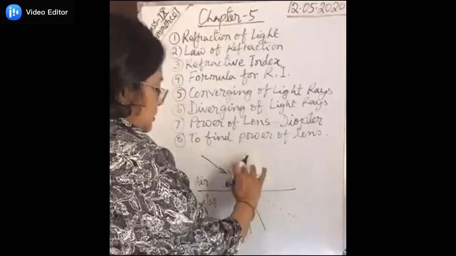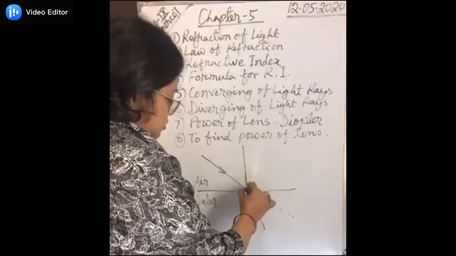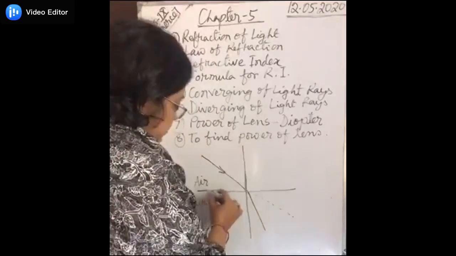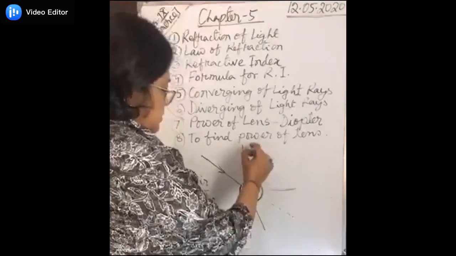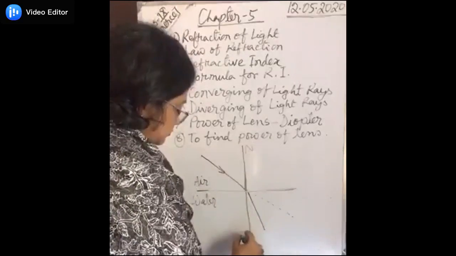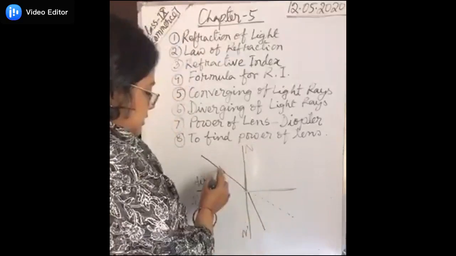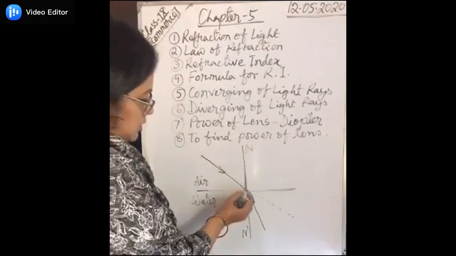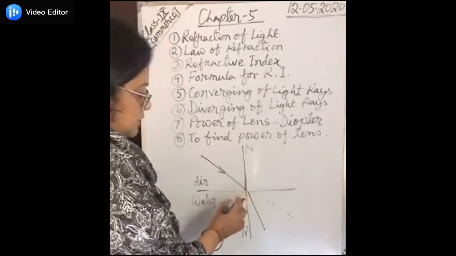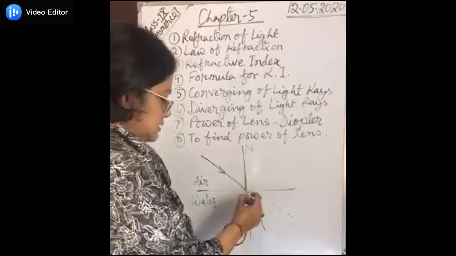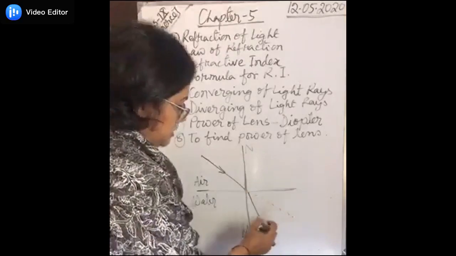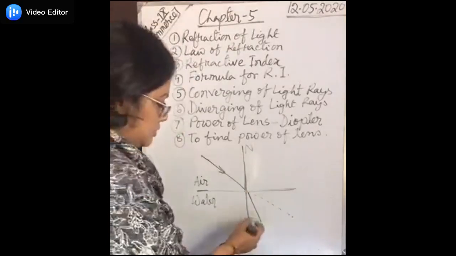And what is the normal? The perpendicular drawn on the line of separation. This is N. The incidence ray falling on the line of separation, at the point of incidence, is refracting; without going straight, it is bending towards the normal.